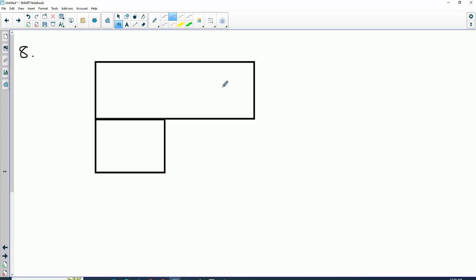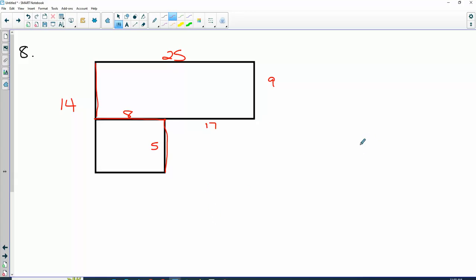It told me that this total length was 25. This was 9. If from here to here is 17, how far is it from here to here? 8. 25 minus 17. Okay, and we know that this whole side is 14. But if this distance is 9, what's this one going to be?